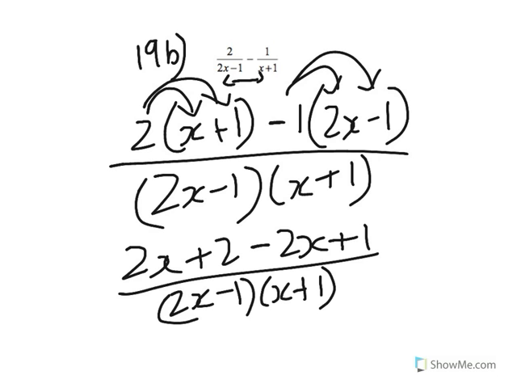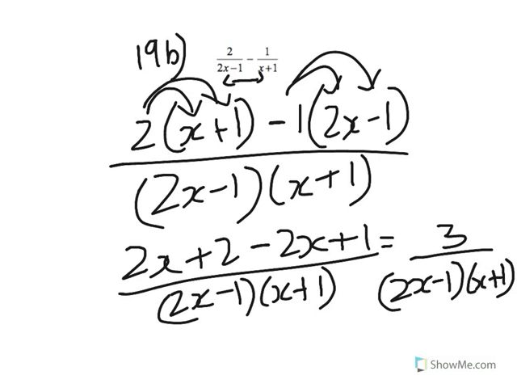So 2x minus 2x is nothing but 0. So this just forms 3 over 2x minus 1, x plus 1, and that's your simplified form. If you want, you could expand this out and make it 2x squared plus x minus 1, but it's fine if you leave it this way, it doesn't matter.